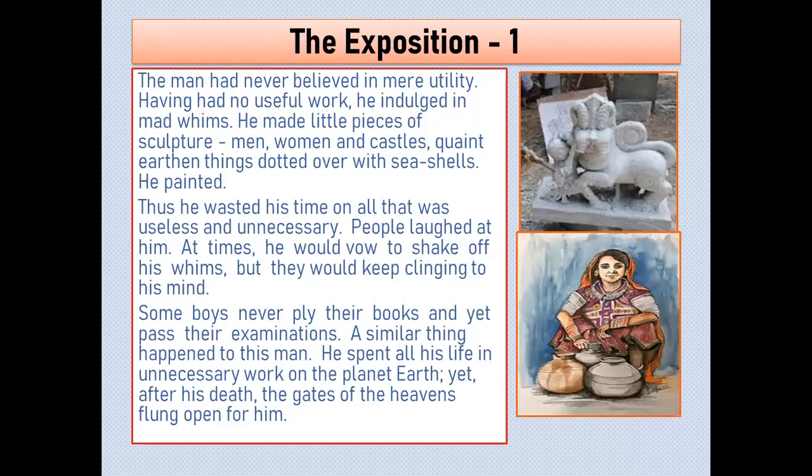People laughed at him. At times, he would vow to shake off his whims, but they would keep clinging to his mind. Some boys never plied their books and yet passed their examinations. A similar thing happened to this man. He spent all his life in unnecessary work on the planet Earth, yet after his death, the gates of the heavens flung open for him.